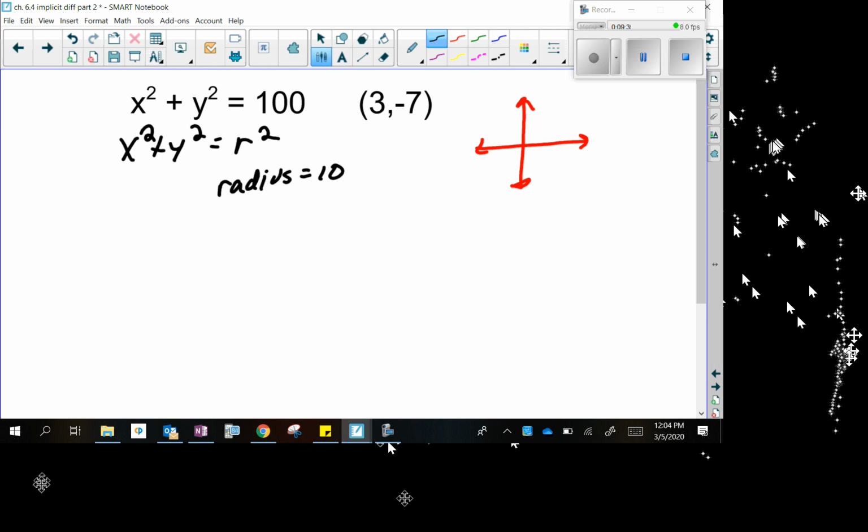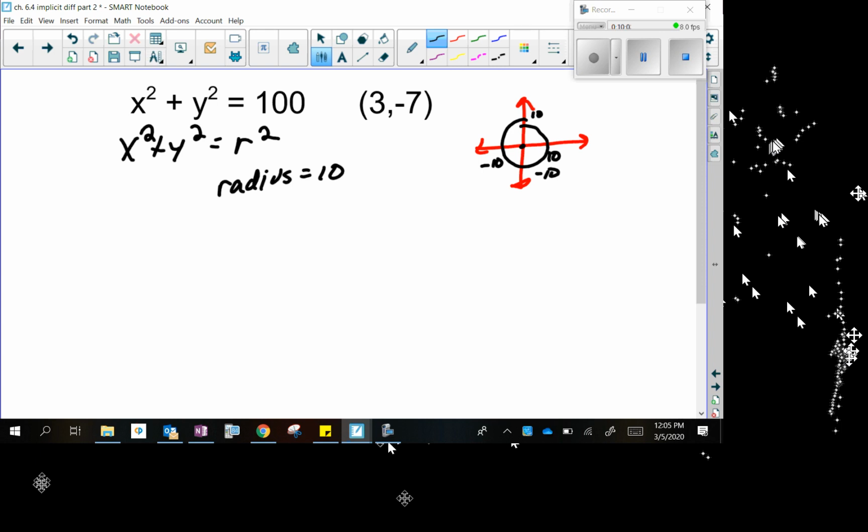At 0, 0, yeah, because if it was somewhere else, it would be like x minus 1 squared. Does that ring a bell? Okay. If we were to sketch this, which is not part of this unit, it would be centered at the origin, and the radius would be 10 everywhere.